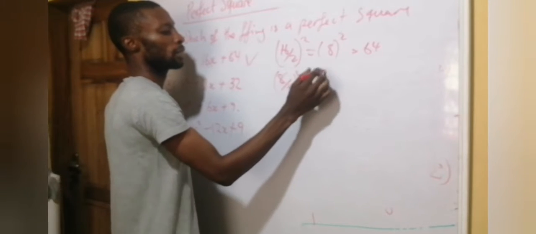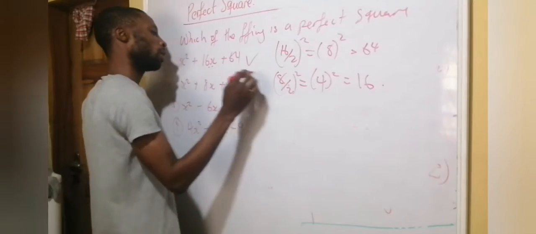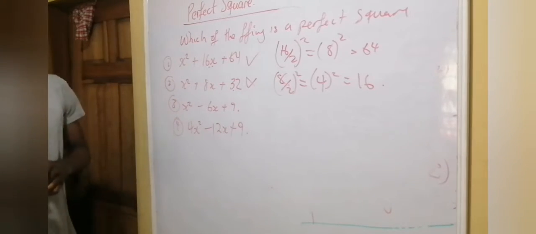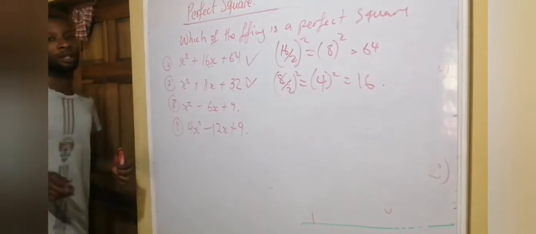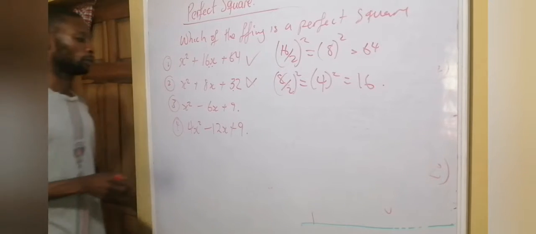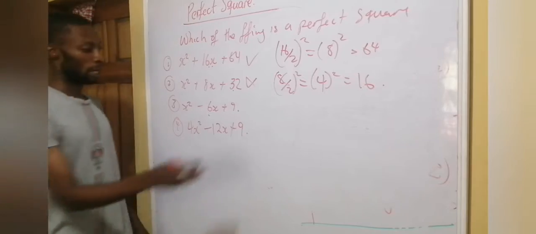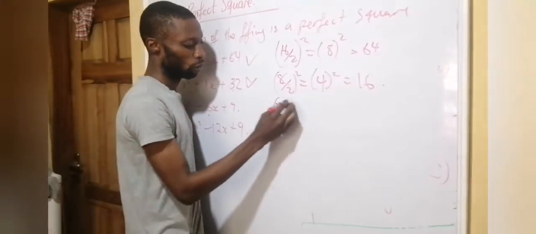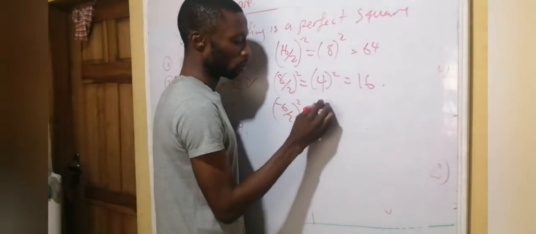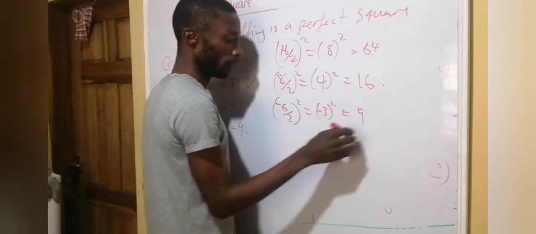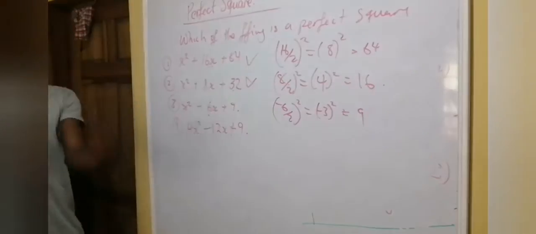Then we square it, which is 16. This is not a perfect square, because it's supposed to be 16. Then this one: minus 6 divided by 2 is minus 3, squared is positive 9, since minus times minus is plus.